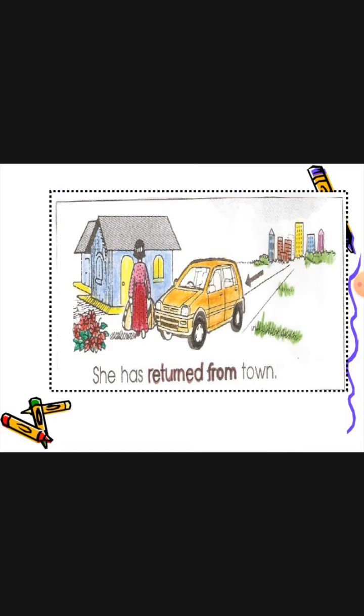So when we are removing, finishing, ending the connection from something, we have to use the preposition from. As you can see in the picture, she has returned from town. It means the lady's connection with town is over now. So for removing the connection, we have to use the preposition from.